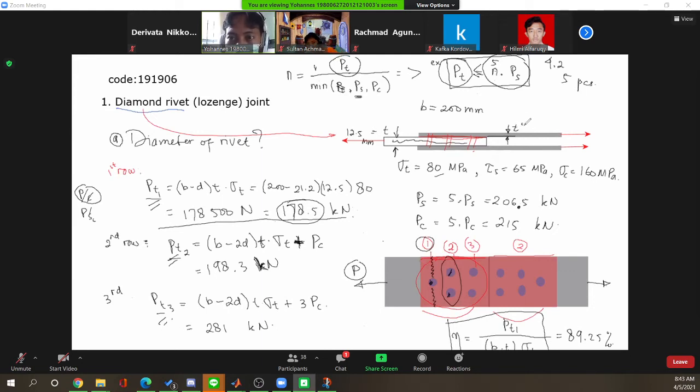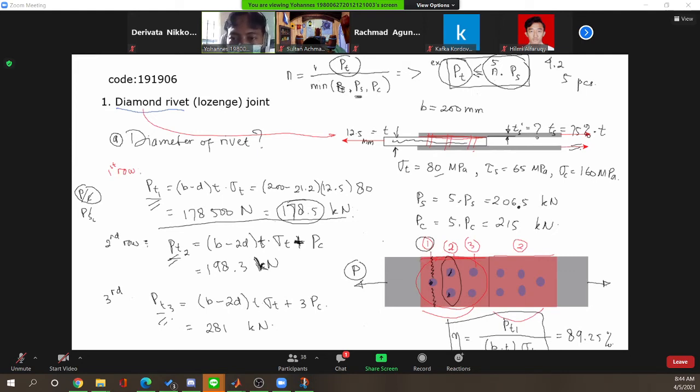So what is the thickness for this strap plate? It should be 75% of the main plate thickness. So that's how we calculate the thickness of this strap.